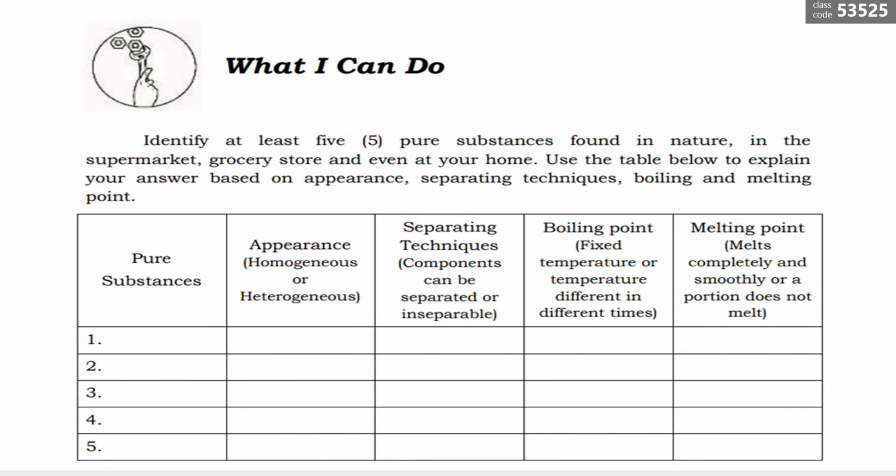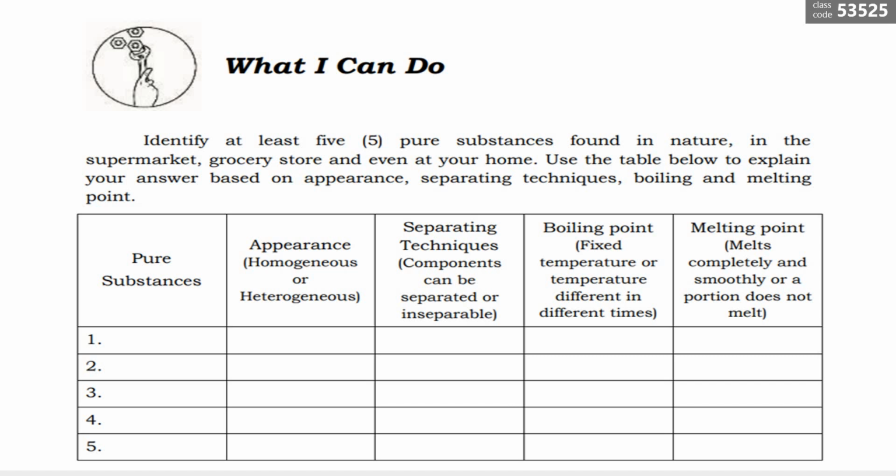What can I do? Identify at least 5 pure substances found in nature, in a supermarket, grocery store, and even at your home. Use the table below to explain your answer based on appearance, separating techniques, boiling point, and melting point. You're given a table here with 5 columns and 6 rows. For the first row, the first column is pure substances.